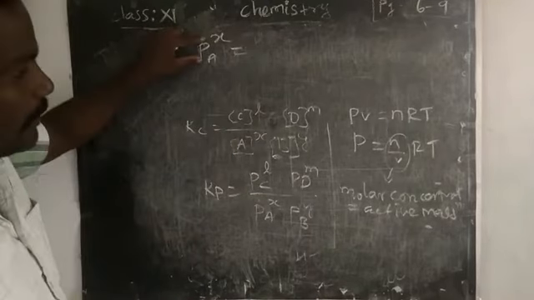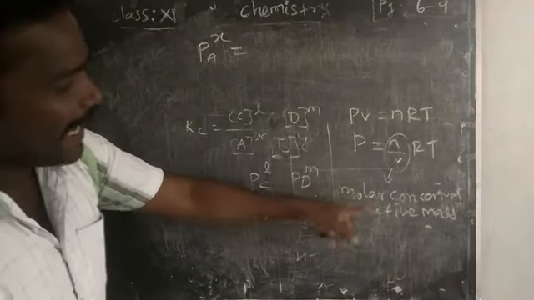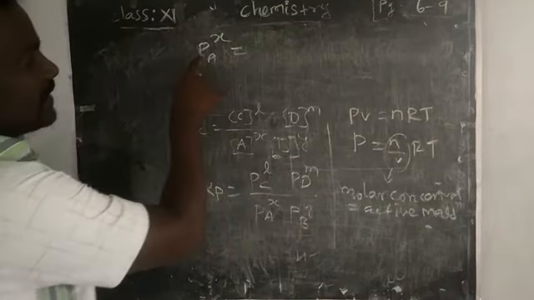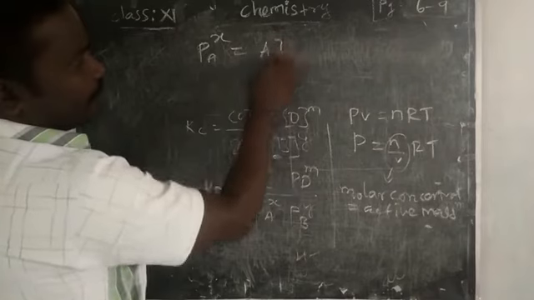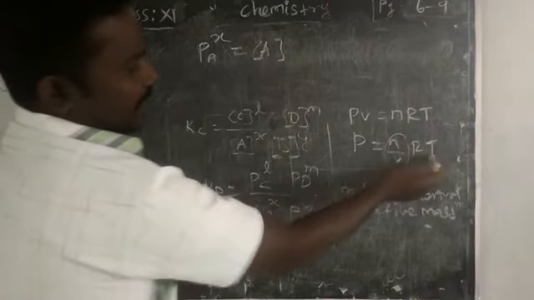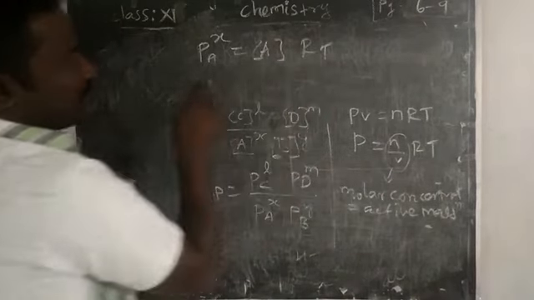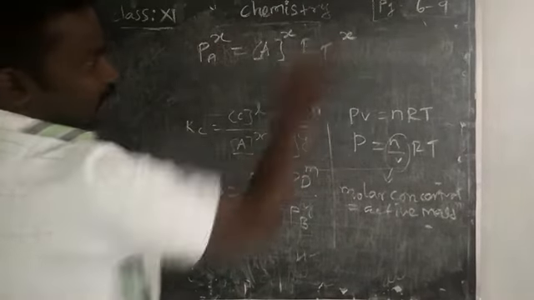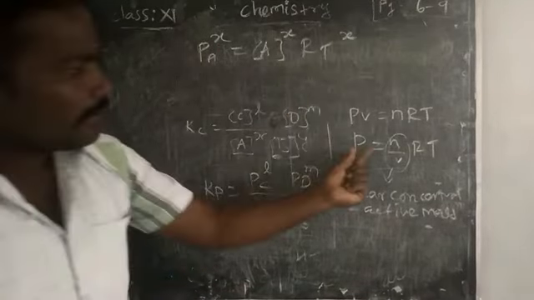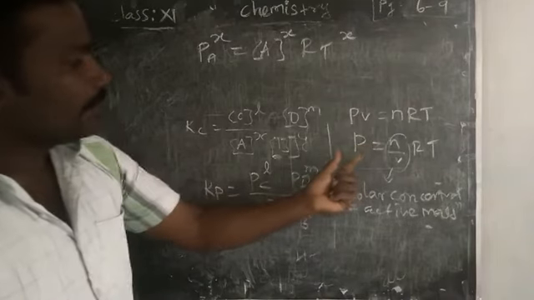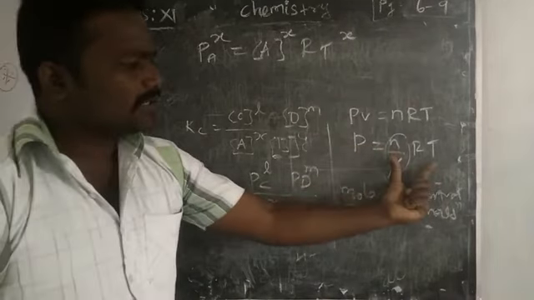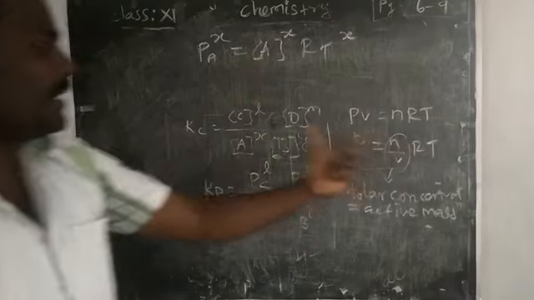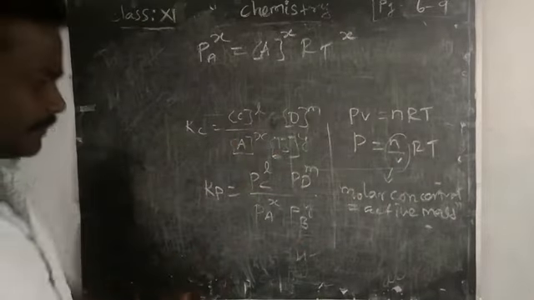P is equal to n by V, the active mass or molar concentration of A, multiplied with RT. At the same time, the x is common for both. We are just converting the P term, applying this equation in this P term.